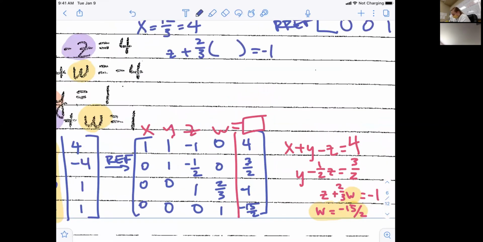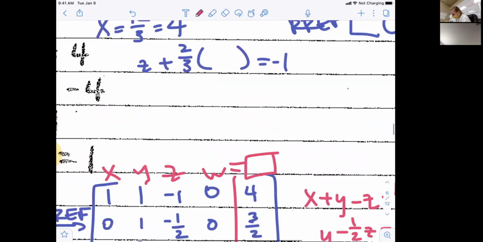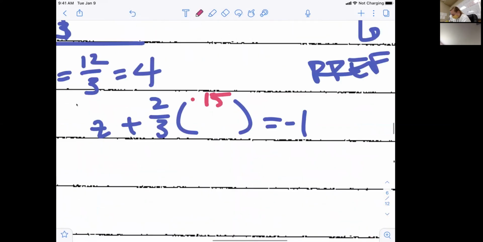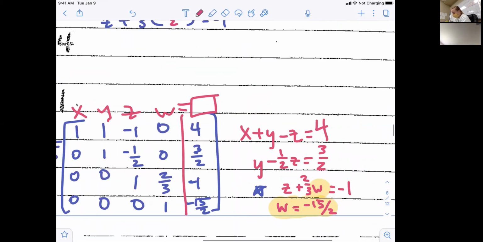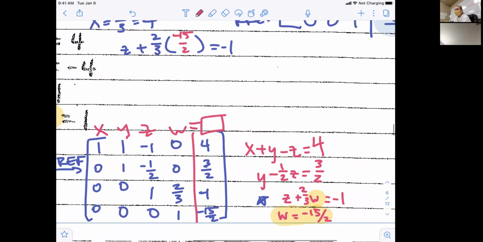So I took the third equation and I am going to substitute in negative 15 over 2 for z, no, for w. Okay, lots of letters. I know w equals negative 15 over 2. I'm replacing w in this equation with negative 15 over 2. And that just leaves me with one variable, z, to solve for, which I can easily do.